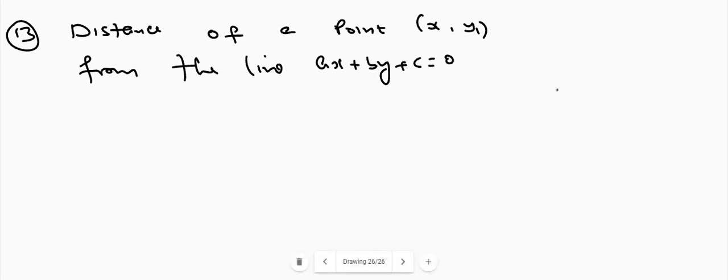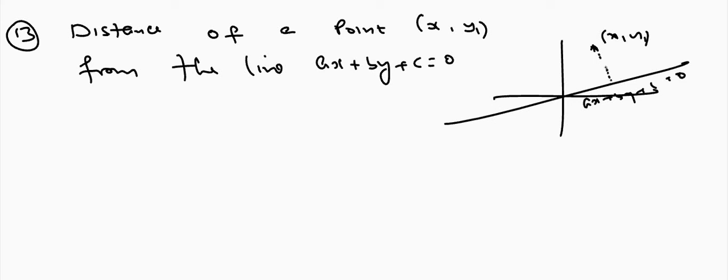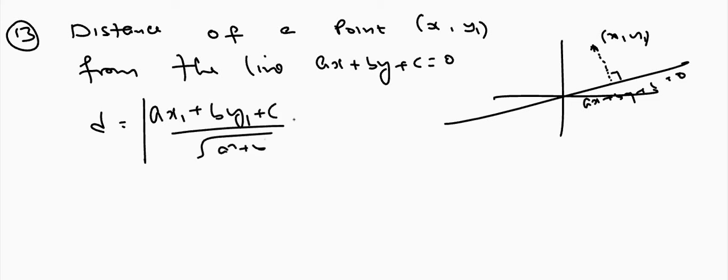If there is a point x1, y1, we are going to find its distance from the line. To find the distance, we use the formula: modulus of (a x1 plus b y1 plus c) divided by root of a square plus b square.